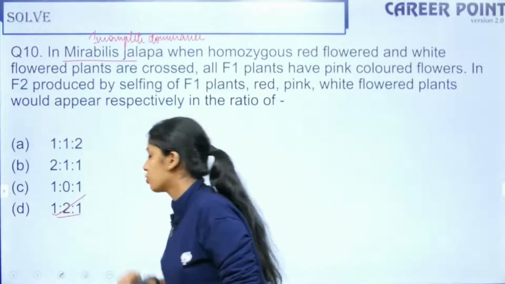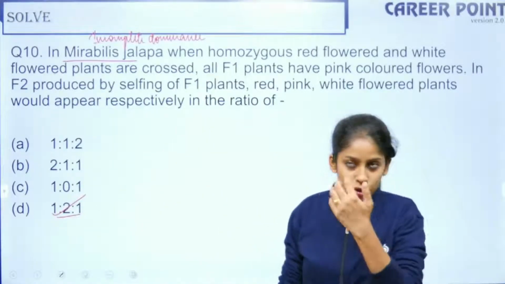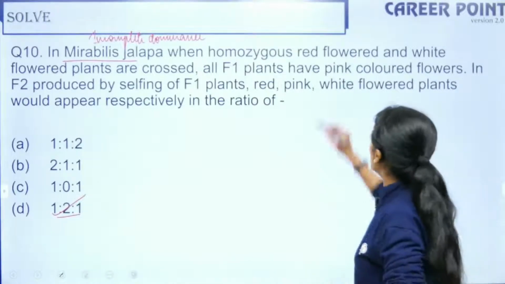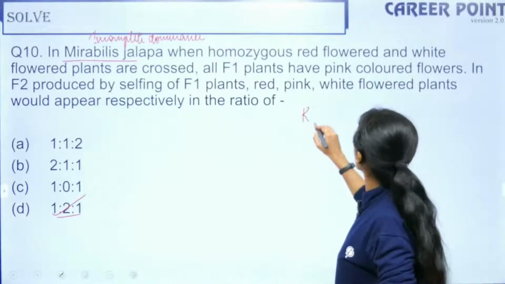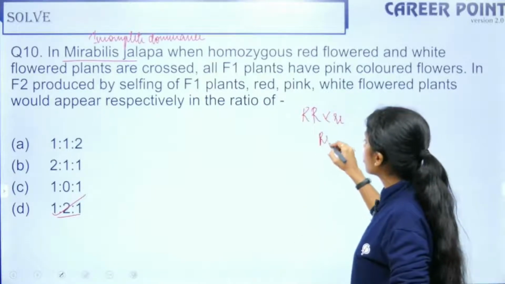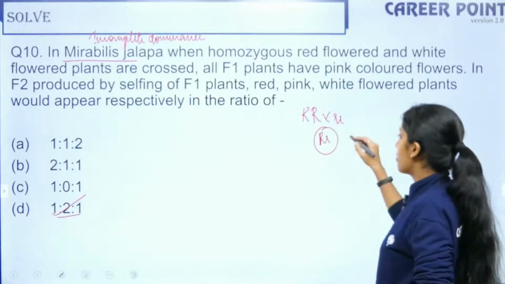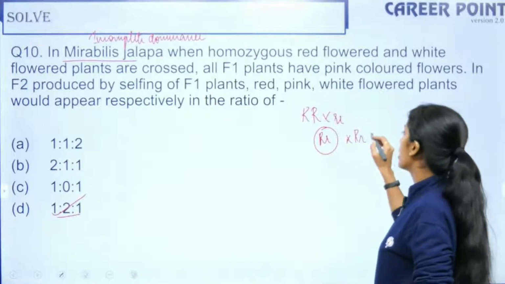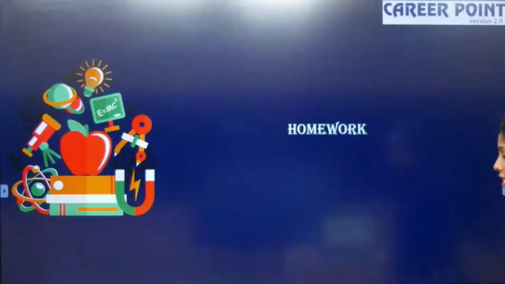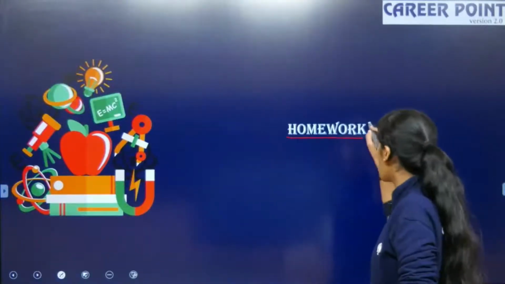It's very clear because the phenotypic and genotypic ratio of incomplete dominance is 1:2:1. So homozygous red flowers are crossed with homozygous white flowers, and in F1 progeny you have pink flowers, and if you do selfing, they are asking you the ratio. So that is 1:2:1. This is an easy one.